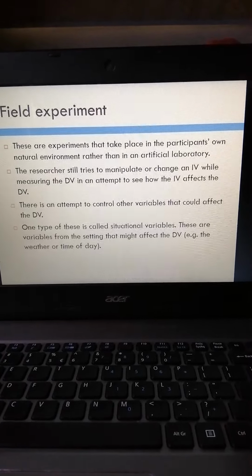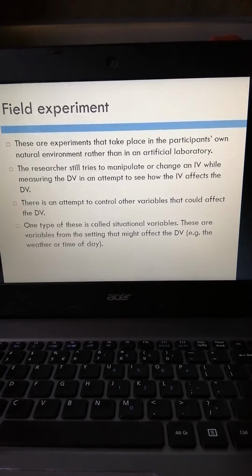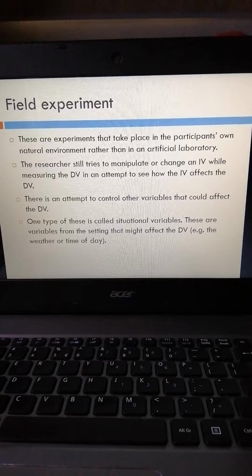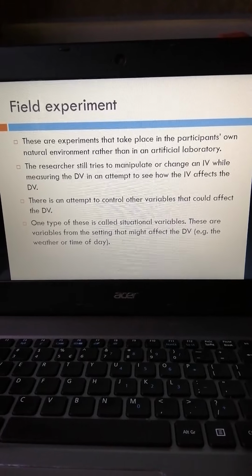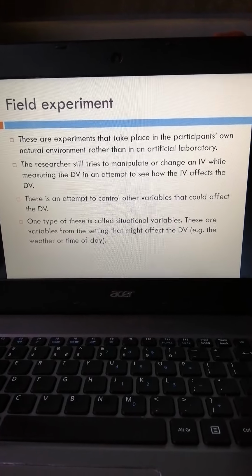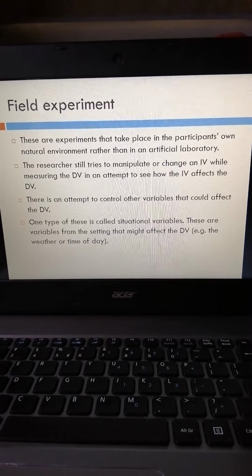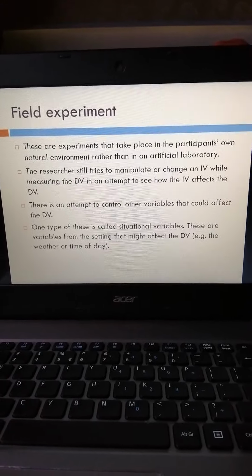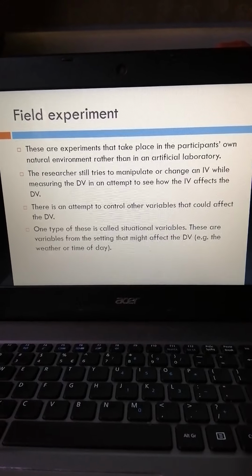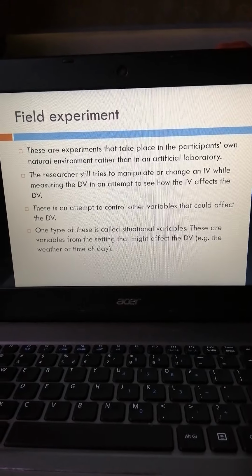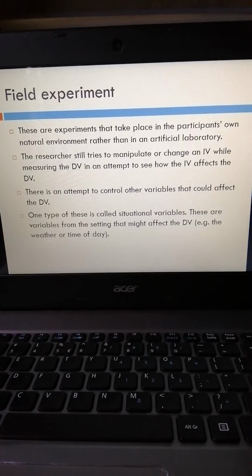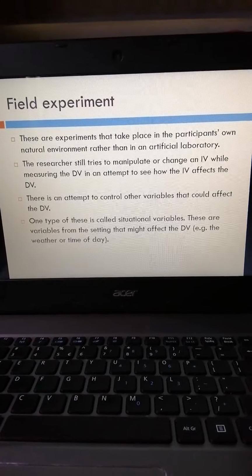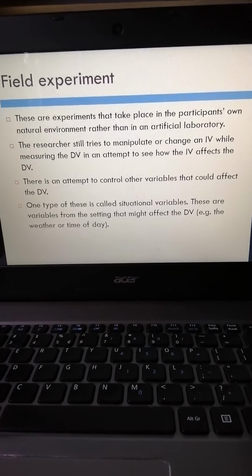Okay, I am interested as a psychologist to investigate about customers' behavior while in an open market. So open market is not sheltered. When it's hot, it's gonna be hot. When it's raining, it's gonna be affecting maybe the number of customers coming to the open air market. So these are the examples of extraneous variables which cannot be controlled by the researcher.